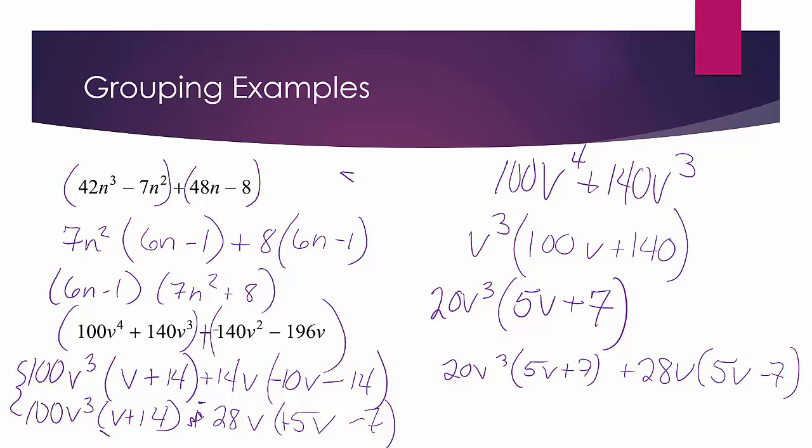So that makes this a plus and a plus. So that's a negative 28. So then we've got 5v plus 7 times 20v to the third minus 28v. And if you multiplied it out, you would get our 100v to the fourth plus 140v to the third plus 140v squared minus 196v.